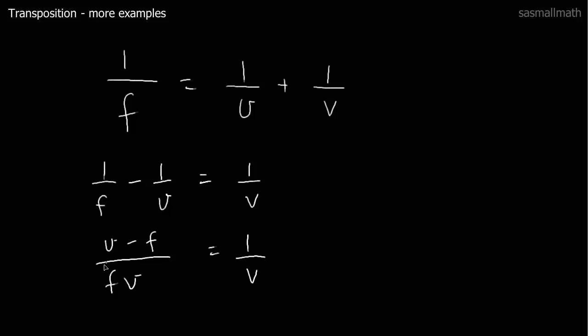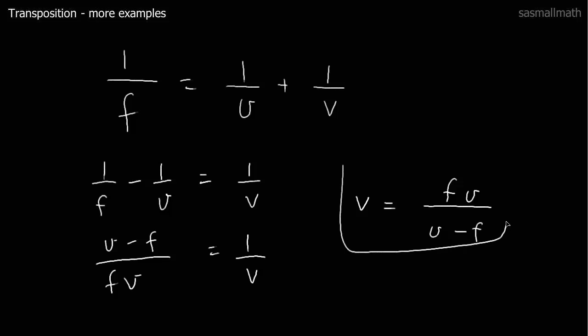And just like we did in an earlier example, we can just invert this fraction. So v equals fu over u minus f. And that's that one done.